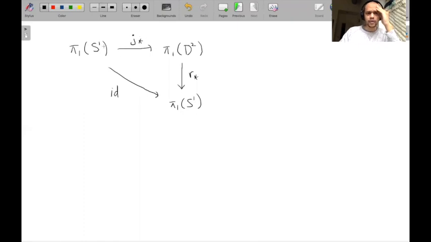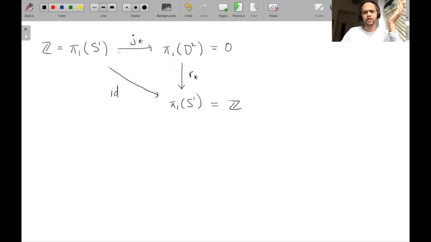We know that R star composed with J star is the identity. But the problem is, this group is Z, this group is Z, and this middle group is trivial, as we've seen.